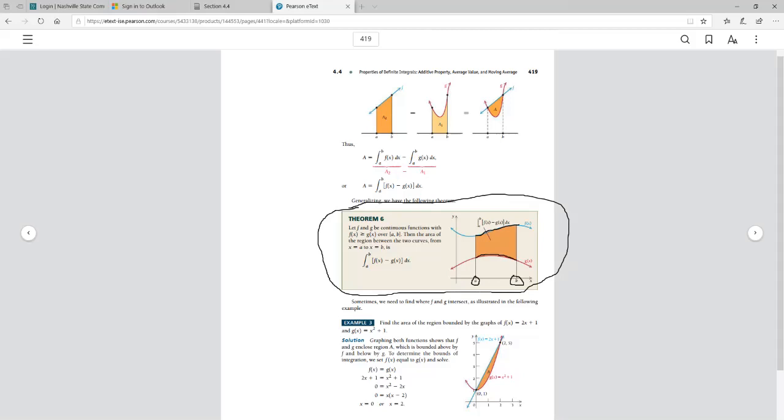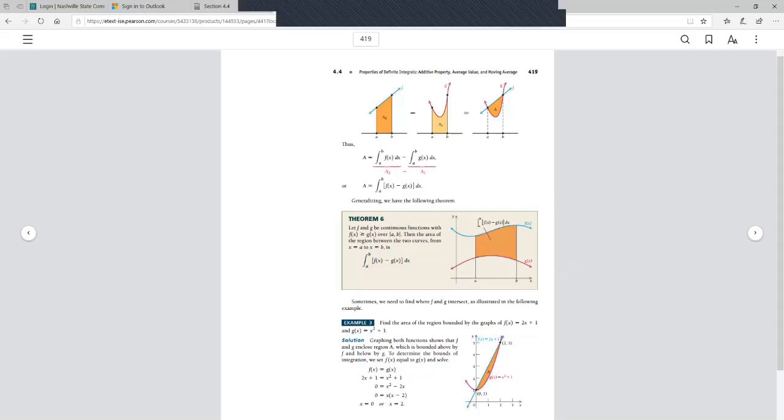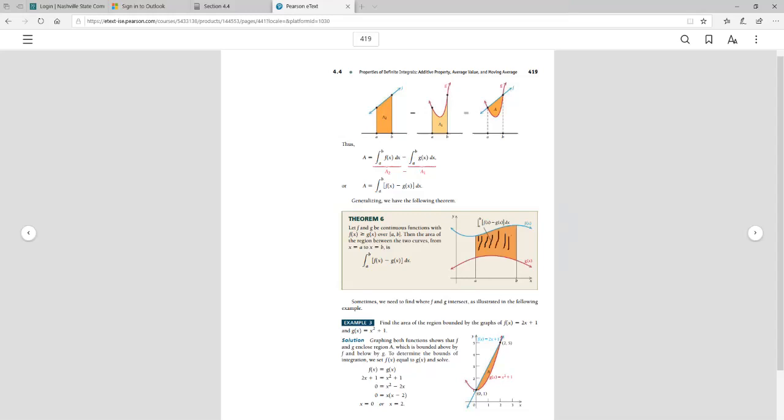So what are they trying to say in this theorem? They're trying to say that if you have a situation like this and you're looking for the area between two functions, that would be all of this area here, all you do is you take the area of the entire thing, which means you go from the bottom all the way to the top.